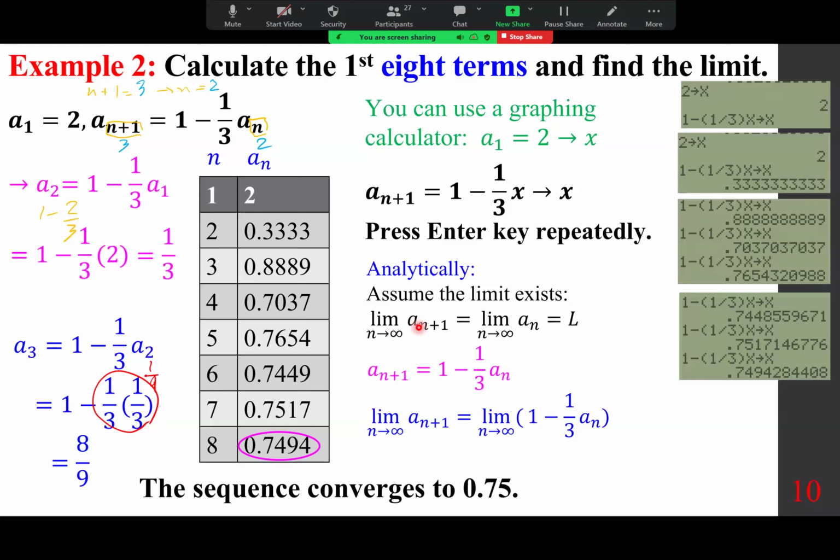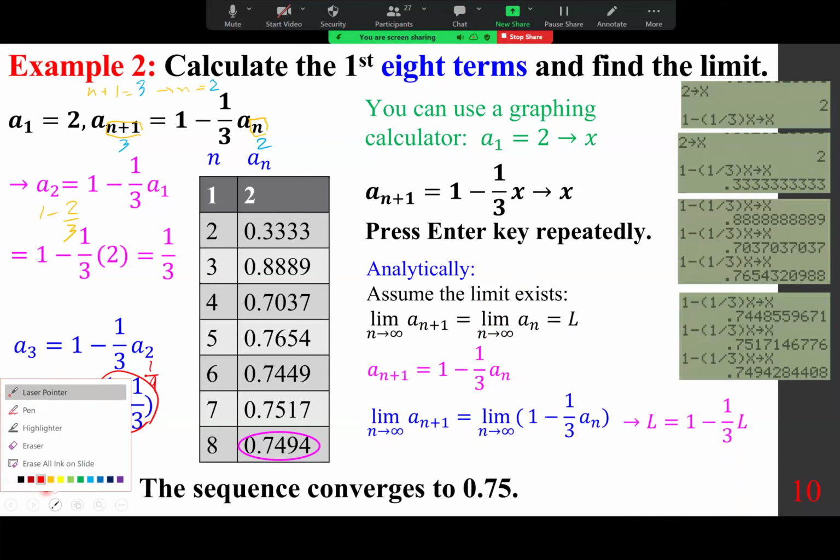And since this one is L, I'm going to replace this with L. The limit of 1 gives me 1, and this one also gives me L. L, in this case, is representing the limit. This is a simple algebraic equation.